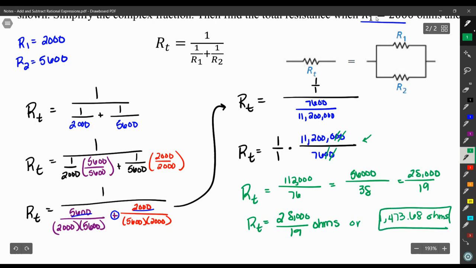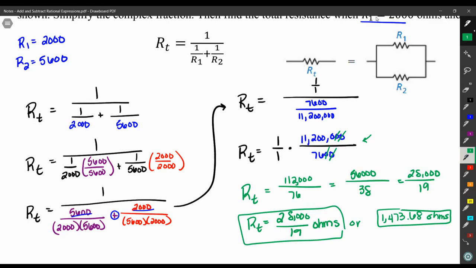So either way, either if you simplify the complex fraction first, or if you plug in your numbers and then simplify, either method will get you to the same answer of a total resistance of 1,473.68 ohms.